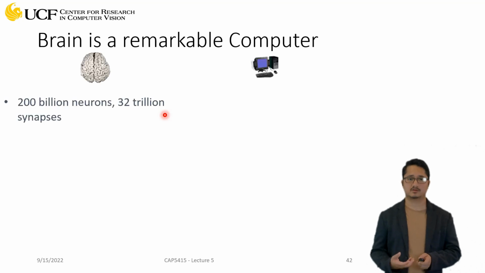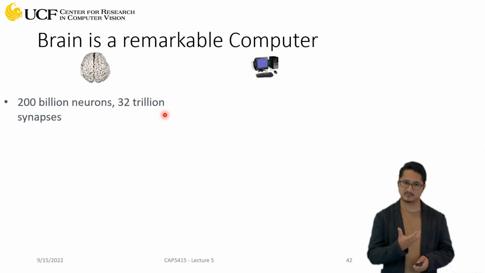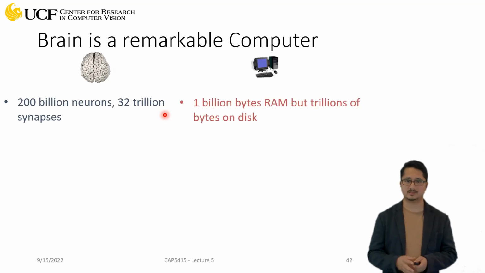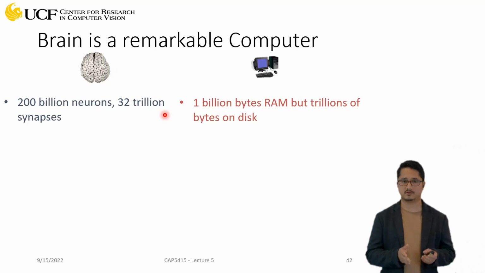So let's compare some of the statistics from the human brain and the computer we have. Some of these might have changed today because the field is progressing so fast. But of course, the properties of the brain in the left column won't change, because they are based on our understanding of our brain. So we roughly have 200 billion neurons and 32 trillion synapses.